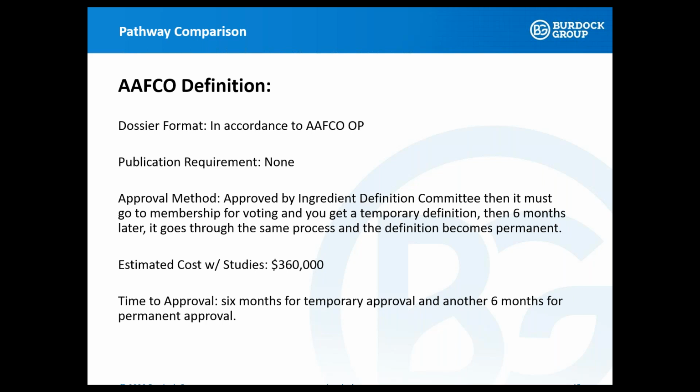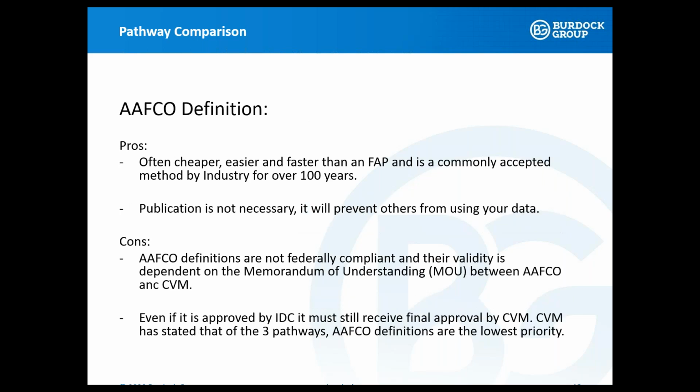And let's just say that the bigger animals get, the more expensive they get. So be prepared for that. Time to approval is around 6 months for temporary approval and another 6 months for permanent approval. So I think that's important. Tack on another 12 to 14 months I forgot to add for any studies you have to do.